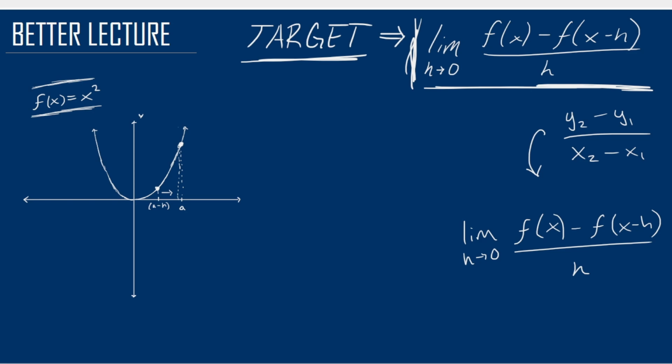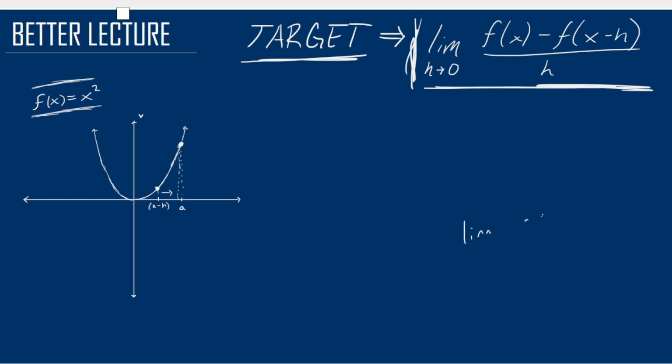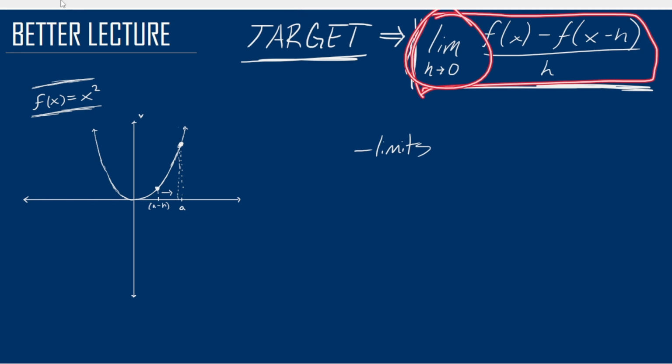And why it's important to understand this is because when you take a Calc 1 class, you're first going to learn about limits, simply because of the fact that this function, or this definition, involves a limit here.